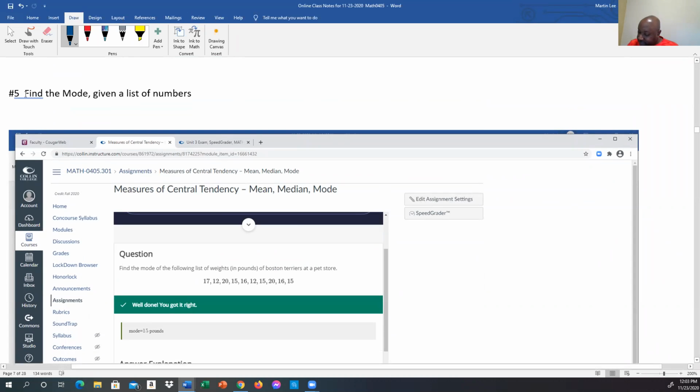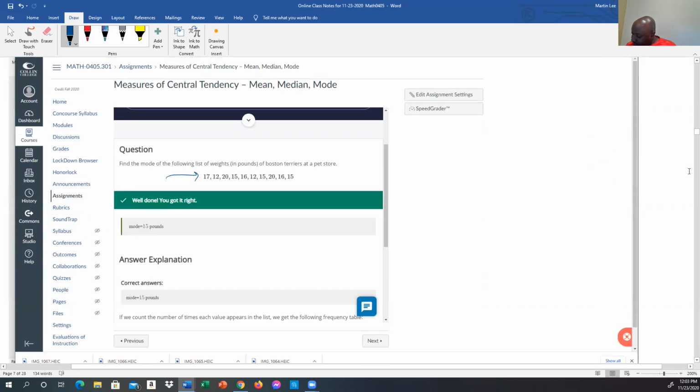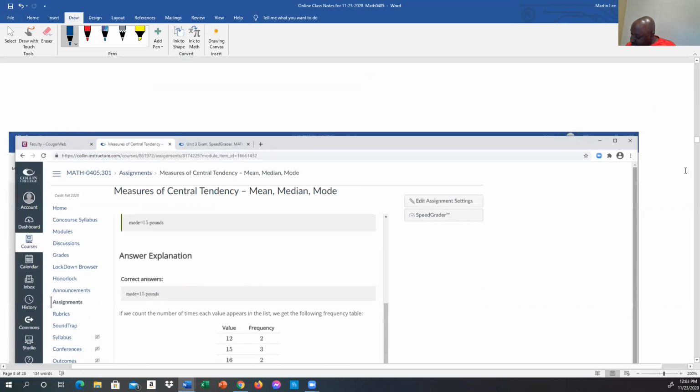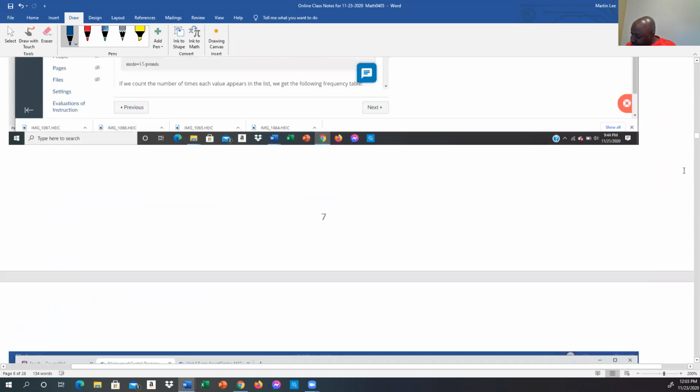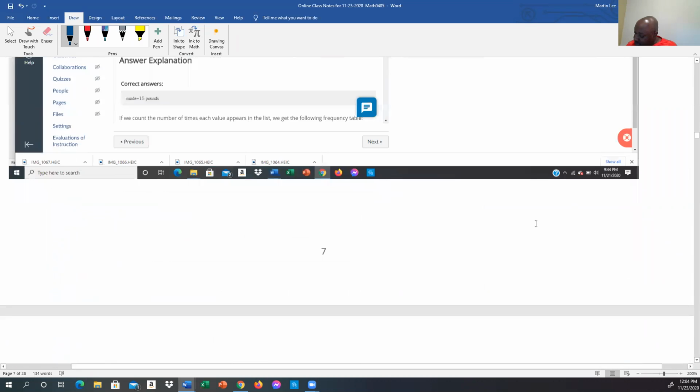Okay, for number 5, we want to find the mode given a list of numbers. And the mode is the number that appears the most frequently. So they give us this set of data, and they rewrote this down here.